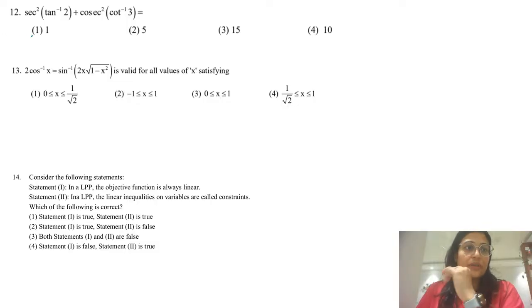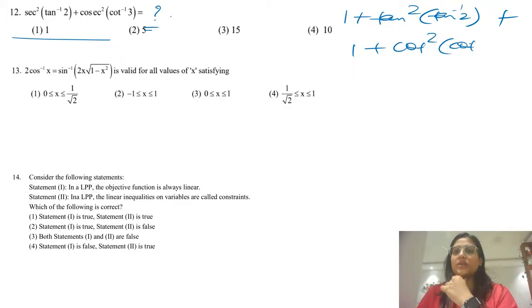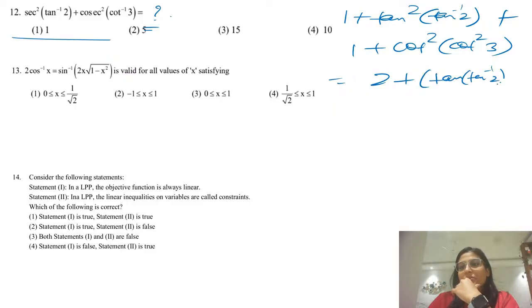Come to question number 12 here. Two ways are there. The first is, if you want to assume this as x and y, likewise you can do. We know that sec square theta is 1 plus tan square theta. We can write this as 1 plus tan square tan inverse 2, plus 1 plus cot square cot inverse 3, because cosec square theta is 3... So tan square tan inverse 2 can be written as the square of tan of tan inverse 2, plus the square of cot of cot inverse 3.